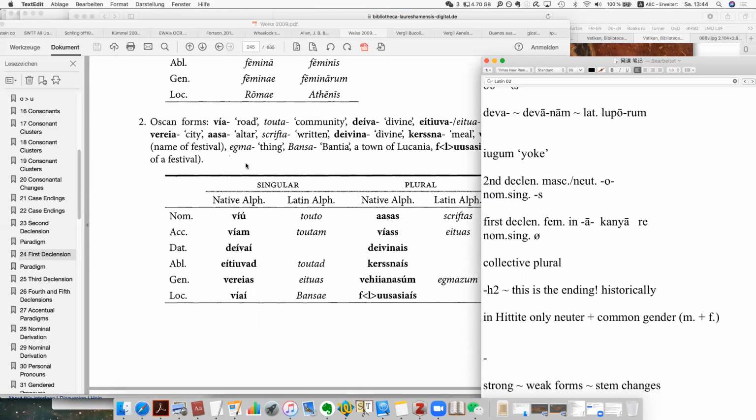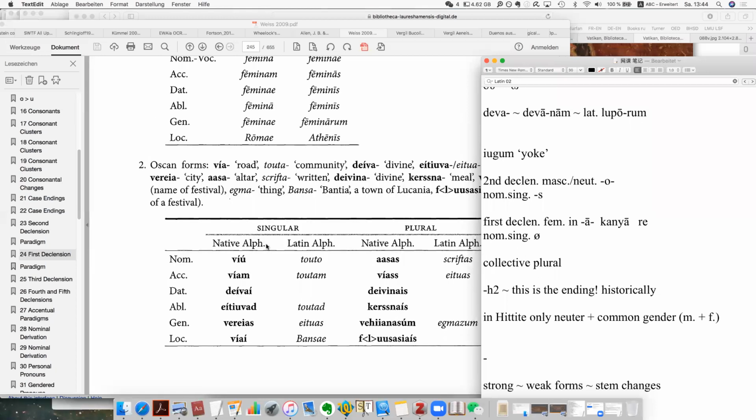And then you also find this form in Oscan. You see, this is viu and viam, deviai, deviad. So again, you see dative and ablative are different. Here dative and ablative are also different, right? This is great. But dative and genitive are the same, right?